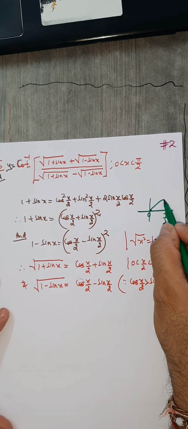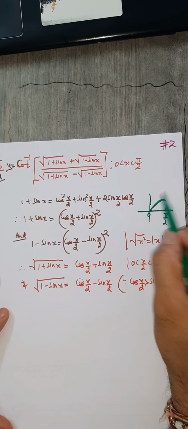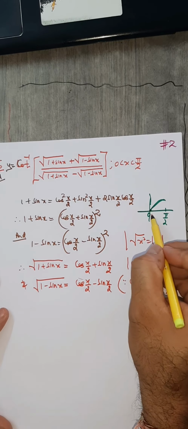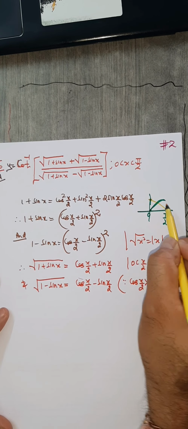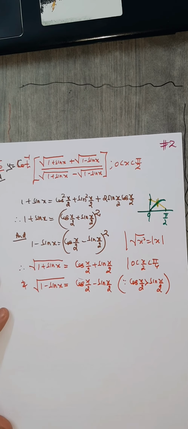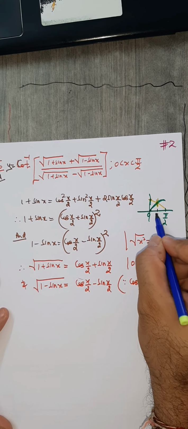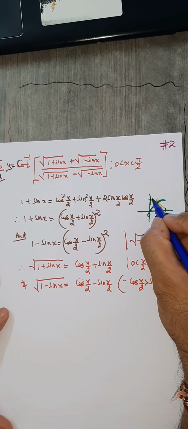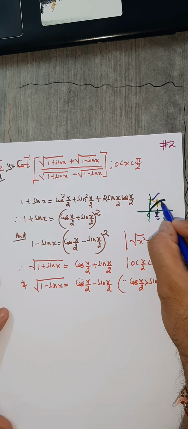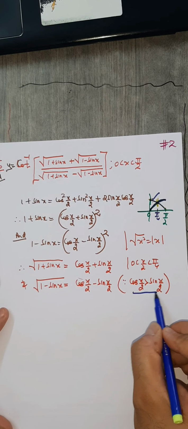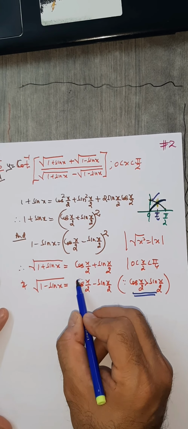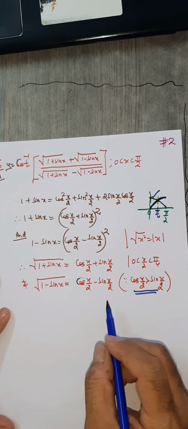This is the graph of the sine function, 0 to pi by 2. And here the graph starts from here for the cos function, like this. This is pi by 4. So at pi by 4 you see the value of the cos function is bigger than the sine function. This is the sine function, this is the cos function. So cos x is always greater than sine x, so this is positive, and that's why I dropped the modulus.